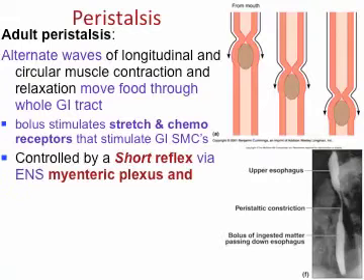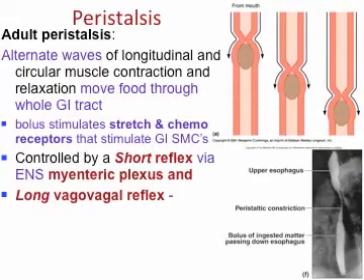The bolus will stretch the esophagus, and the chemicals in the bolus will be sensed by cells that live along the tube. That information will go to the enteric nervous system, and you'll have a short reflex loop that causes constriction and relaxation of circular and longitudinal smooth muscle cells.